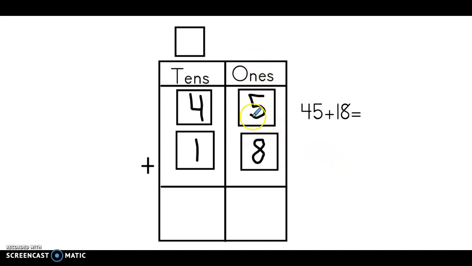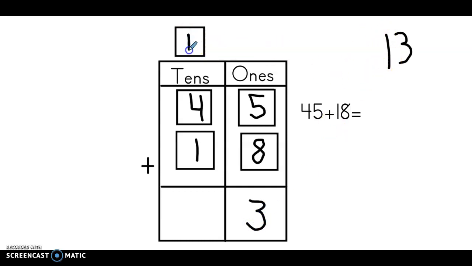I add the ones first, 5 plus 8. I know that equals 13, and I can't write 13 in the ones place like this, so I know that I have to regroup. If I just look at the number 13 over here, I see that there are 3 ones, which I will put in the ones place, and then the 1 ten.